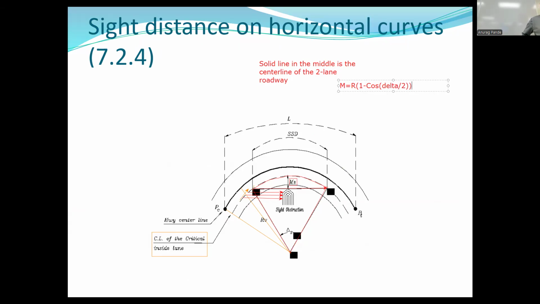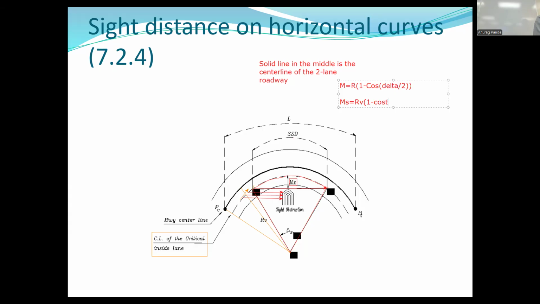But I'm not doing it for the whole curve. If I just focus on that red subsection of this curve, that's my critical situation, I can say my MS will be equal to R. Should I put R or RV now? I'm trying to analyze that subsection of the curve that I've highlighted in red ink here. That'd just be RV. So RV times 1 minus cosine.